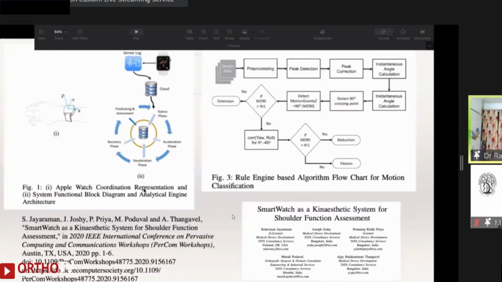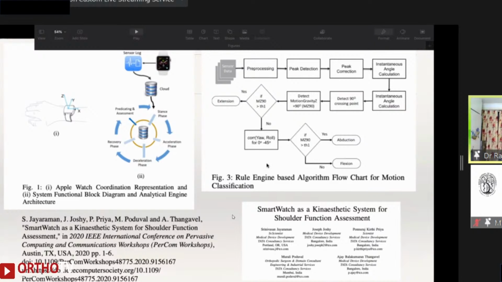Now here is an example of a schematic on the left from the very same paper I'm picking up, where there's a schematic of how data is collected from a wrist wearable, transferred through an intermediate sensor log to a cloud, and there is a process of analysis of this whole thing during the process of detecting that particular motion of the shoulder.